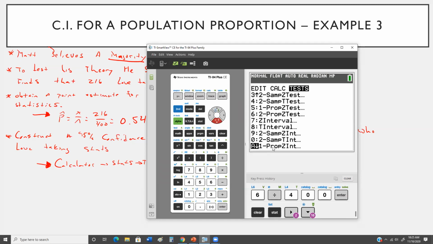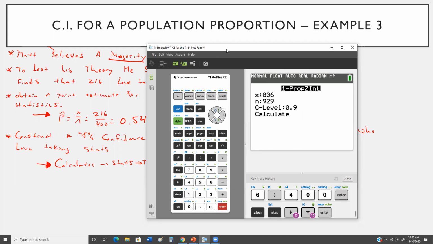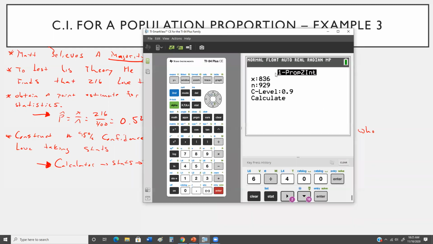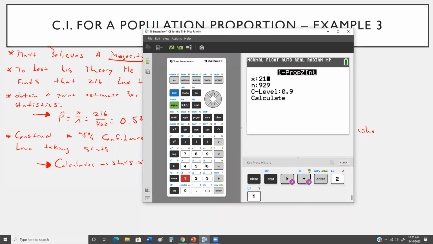You got this 1-prop z int. So the TI-84 saves the data, so you just have to input over it. 216 of the 400. And what confidence level for this problem did I just say to do? 95. Yep, so you have to just change this to 0.95.